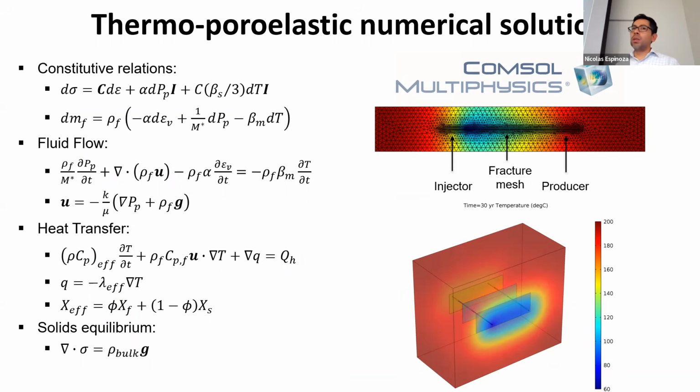In this case, we use the full thermoelastic numerical solution using the solver called COMSOL. So here we solve for stresses, for pore pressure, for temperature, and all the equations coupled together to see how temperatures are going to affect the stresses, and again, pore pressure.